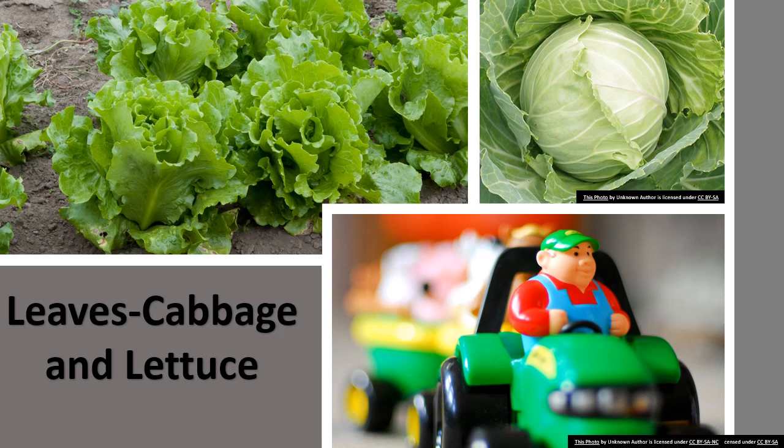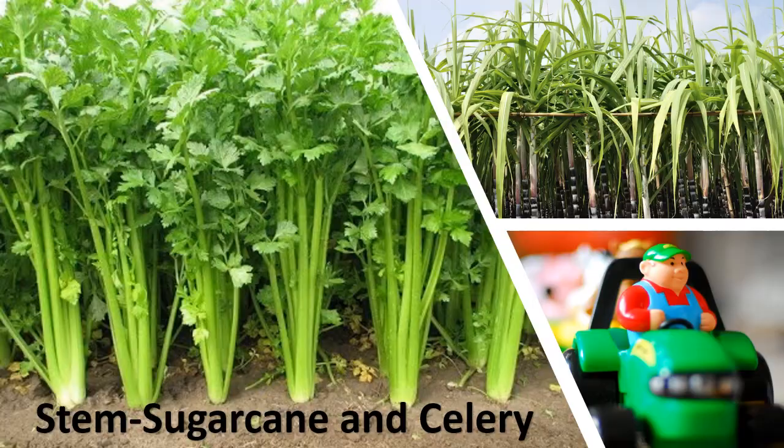Here a leaf, there a leaf, everywhere a leaf, leaf. And on his farm he had some stems. With sugarcane here and celery there. Here a stem, there a stem, everywhere some stem, stem.